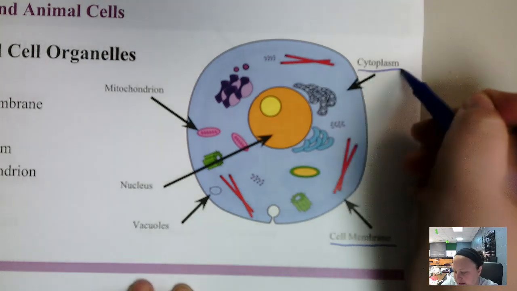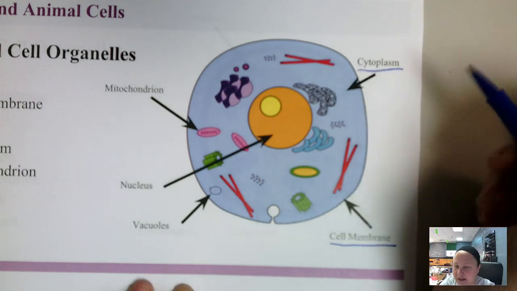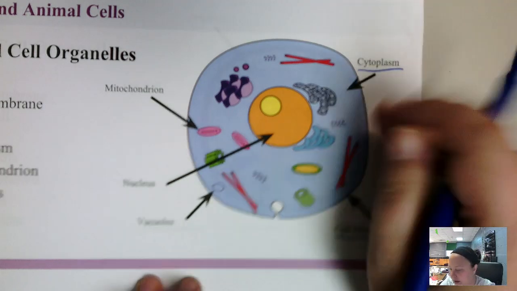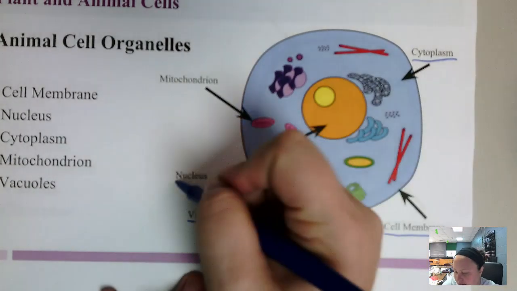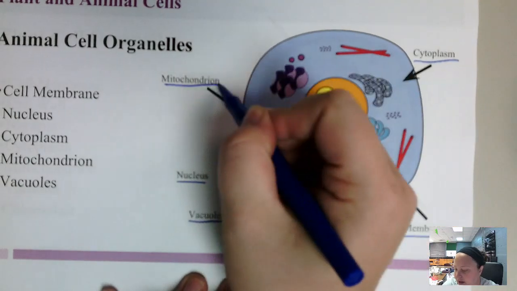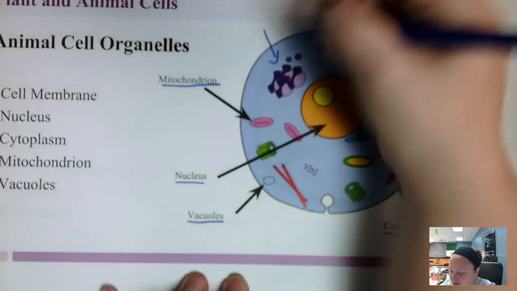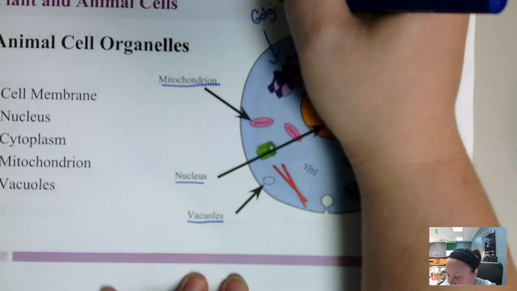Cytoplasm is kind of like the jelly filling that keeps the organelles in place so they're not just floating everywhere out of order. Then the vacuoles, the nucleus, which holds the DNA, and the mitochondria, which we'll talk about. But another thing that I want you to know is the Golgi apparatus, or the Golgi body.